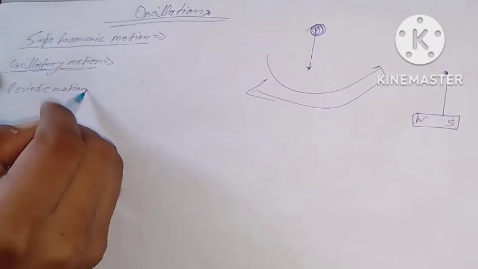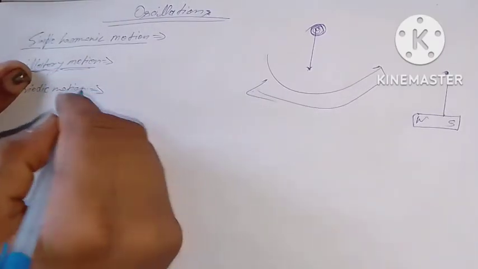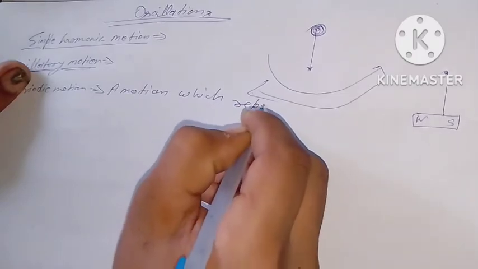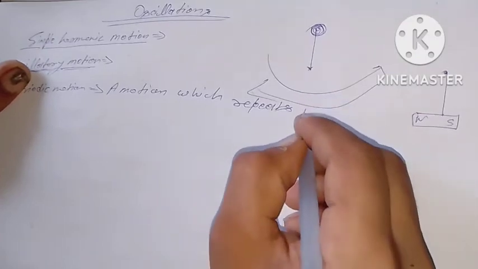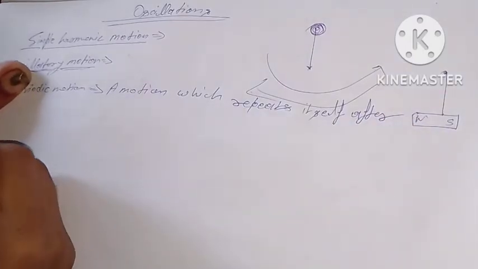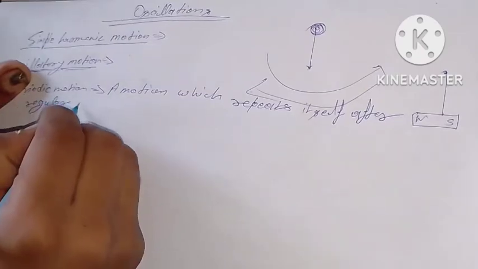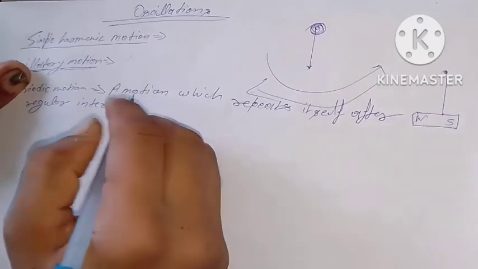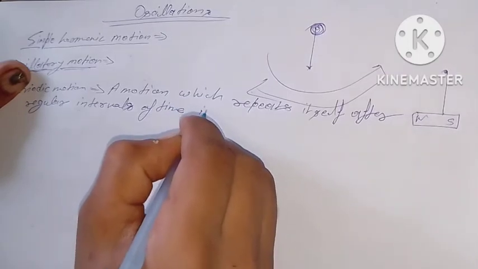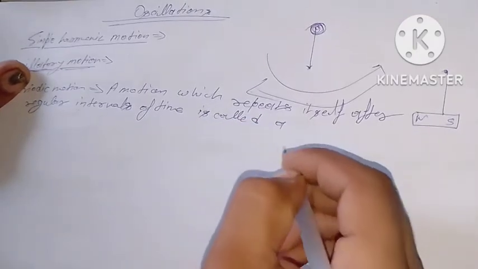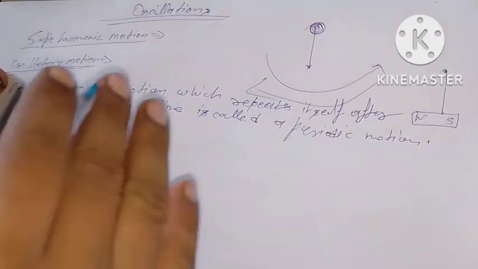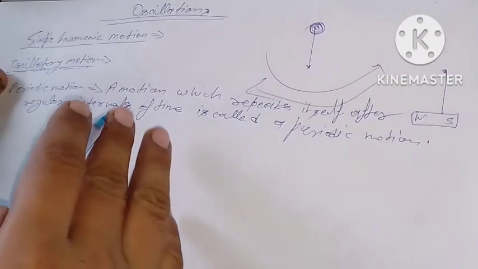A motion which repeats itself after regular intervals of time is called periodic motion.